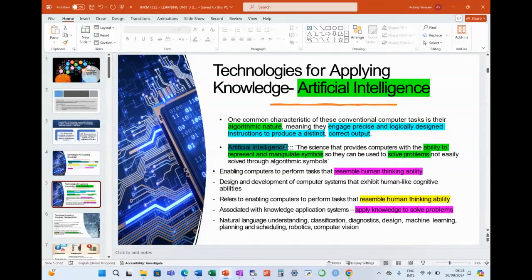So one common characteristic of these conventional computer tasks is their algorithmic nature, meaning they engage precise and logical design instructions to produce a distinct and correct output. And that's where machine learning is now taking place.